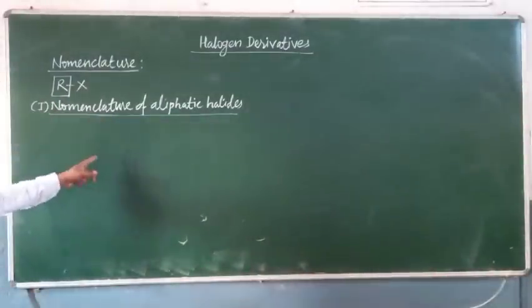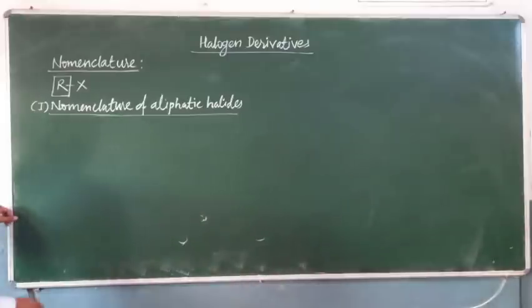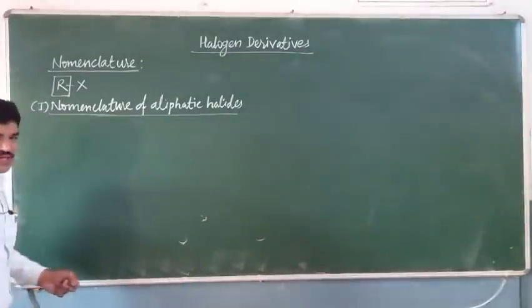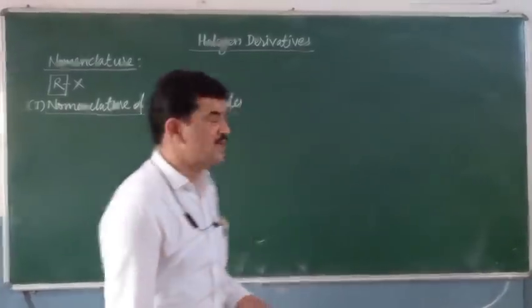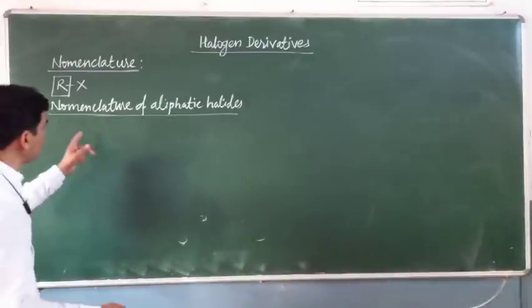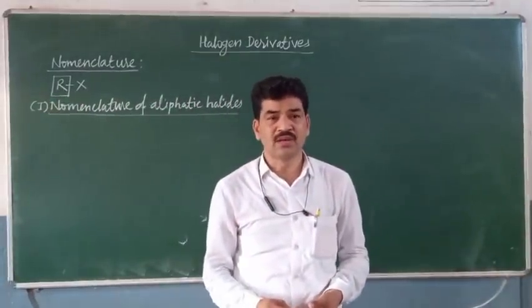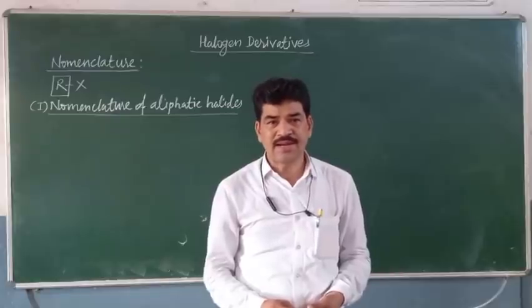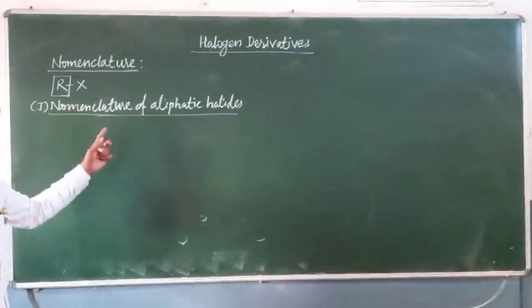In case of aliphatic halides, the parent hydrocarbon is an aliphatic hydrocarbon. Now the nomenclature, as you know, is possible by two systems, common system and IUPAC system. So how to give the common names? The common names of the halogen derivatives are obtained by writing the name of the hydrocarbon chain followed by the word halide.